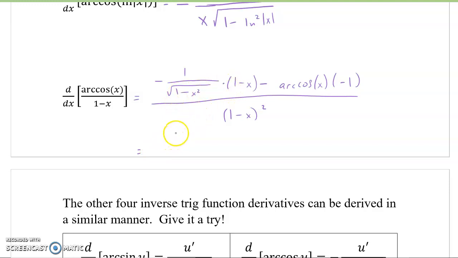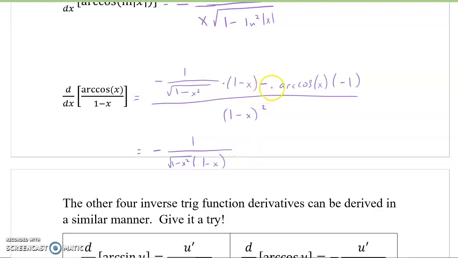Maybe I'll break this up into two fractions. This first fraction has a 1 minus x in the numerator, and it's got two 1 minus x's in the denominator. So one of those can cancel out with one of those, still negative. And then we have the square root of 1 minus x squared, and we also have 1 minus x.